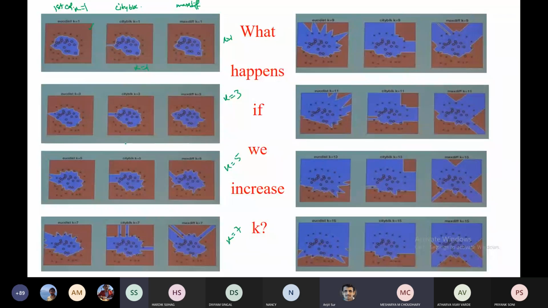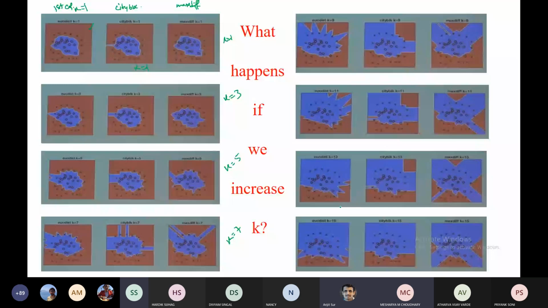Here you can see how the boundary is being defined. With city block distance, sometimes some problem happens, but here also it's good. Now it is the Euclidean distance with k equal to 9, city block, the maximum difference. Again, k equal to 11, 13, 15, and so on.